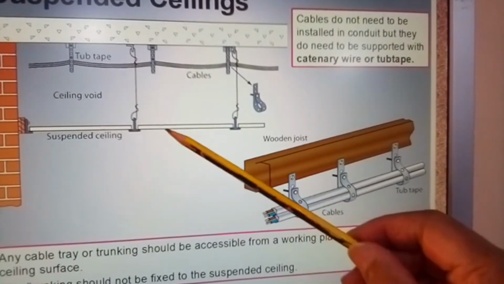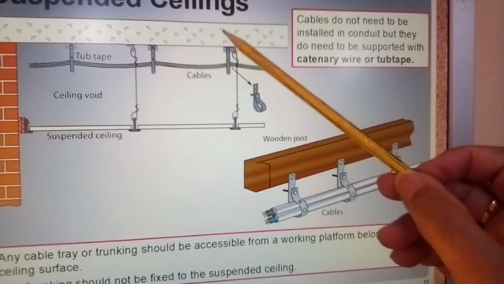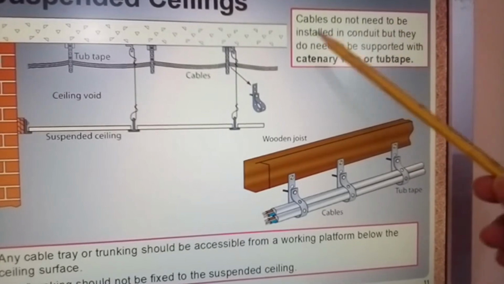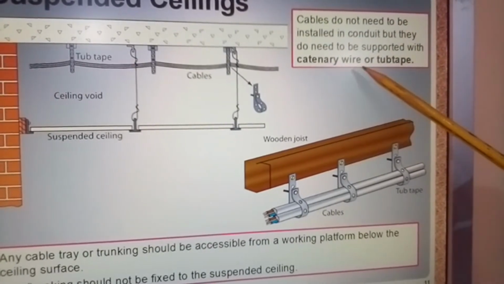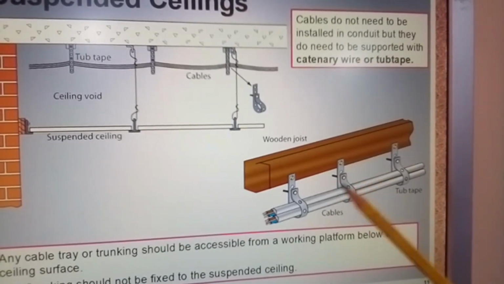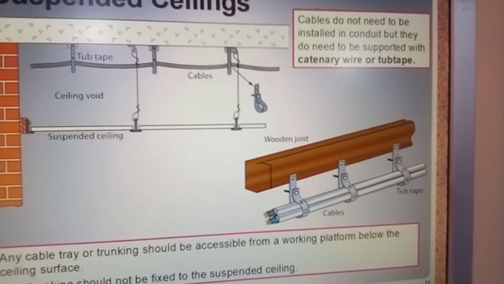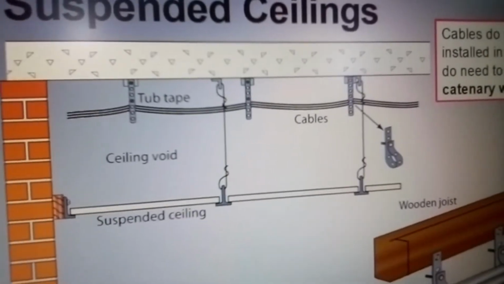Again, you can have your suspended ceiling here. You have the cables being run on brackets from your main ceiling, okay? Cables do not need to be installed in the conduit, but they do need to be supported with catenary wire or top tape, okay? Something of the sort, okay? Just going closer so you can see, okay?